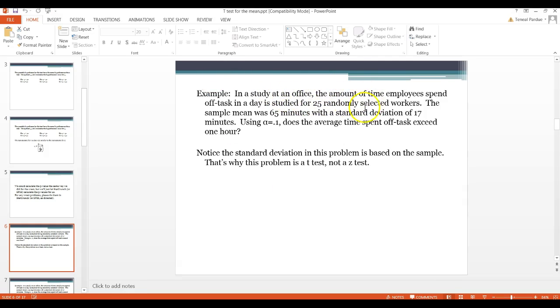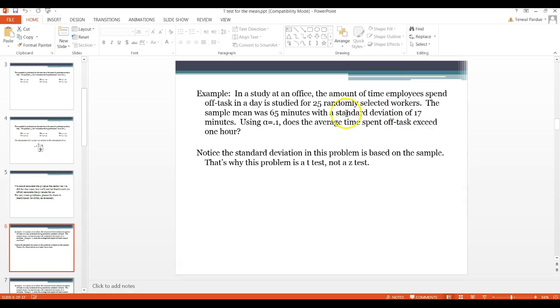In this example, an office manager has 25 workers and is monitoring how much time they spend off task on Facebook or whatever. The sample mean is 65 minutes with a standard deviation of 17 minutes.